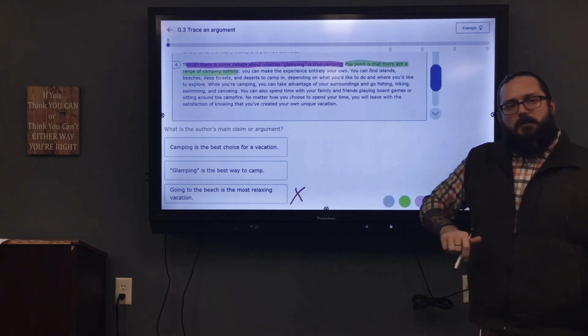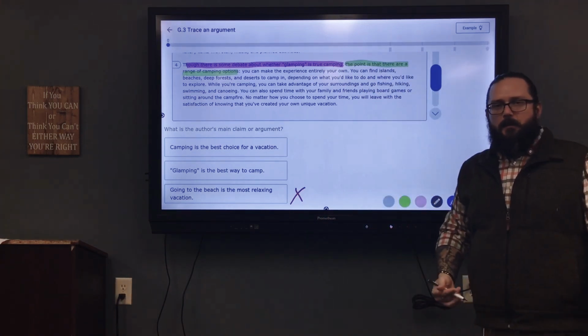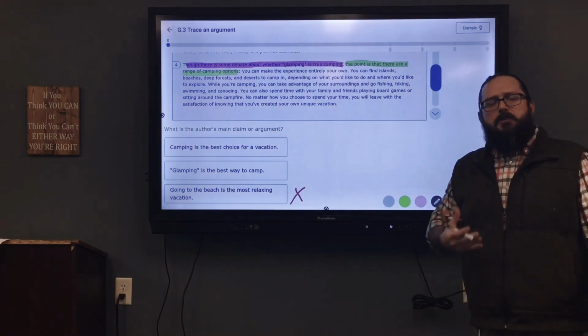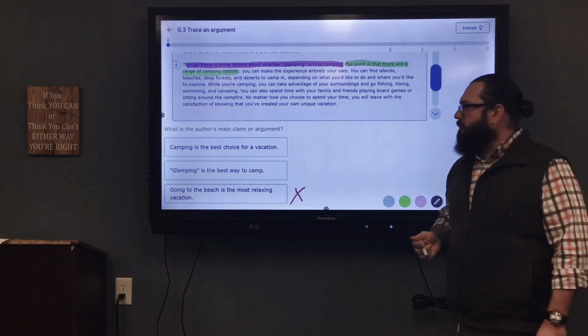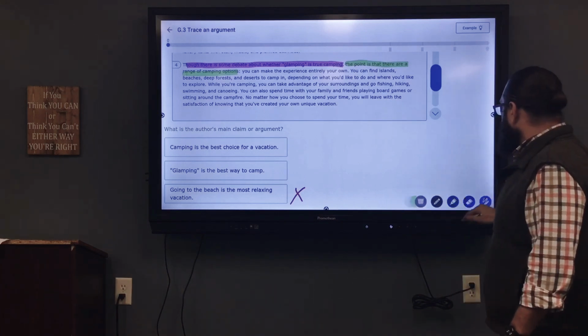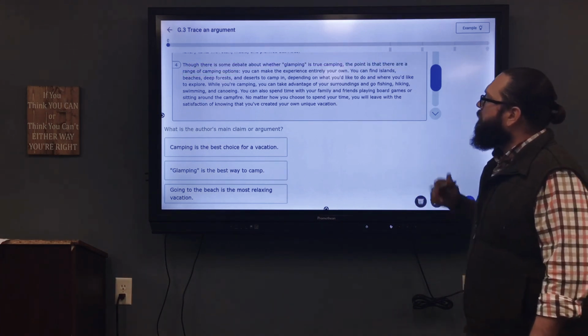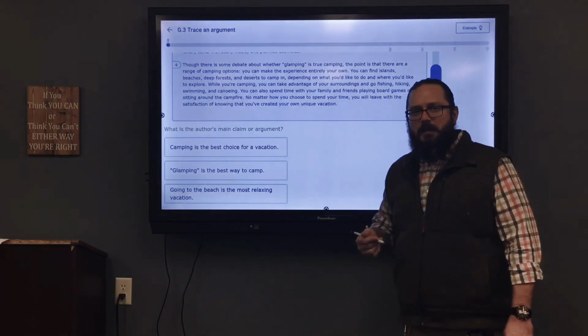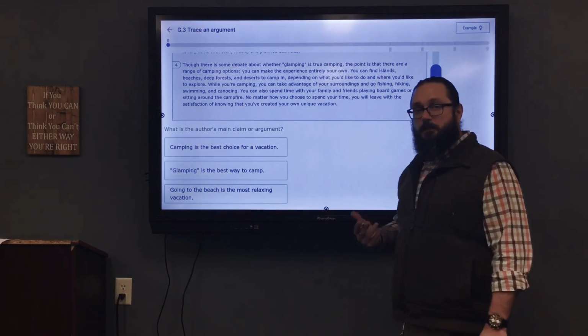So the author is not just talking about glamping. The author is pointing out that glamping is just one of many options. So based on the information in this passage, the author's main claim or argument is that camping is the best choice for a vacation.